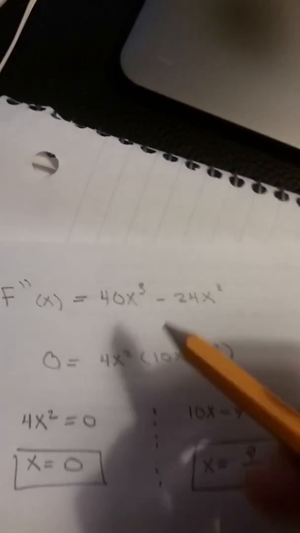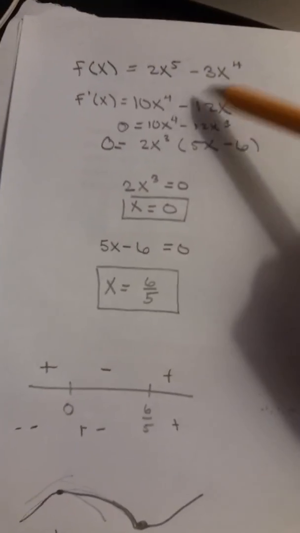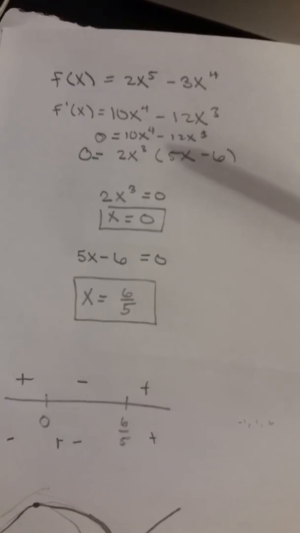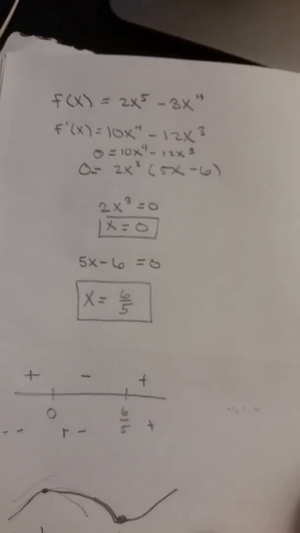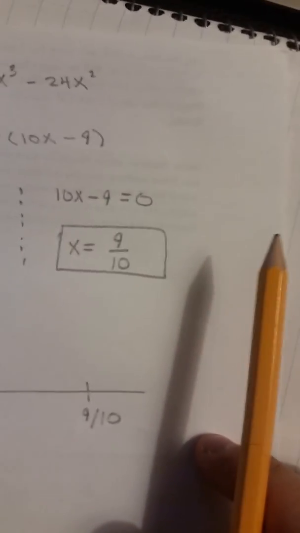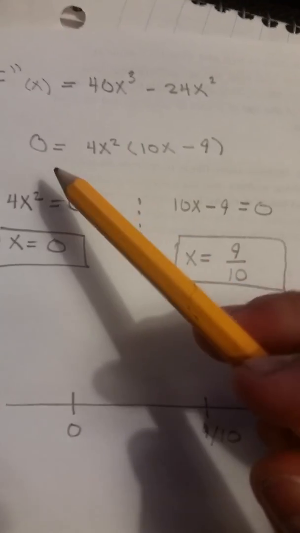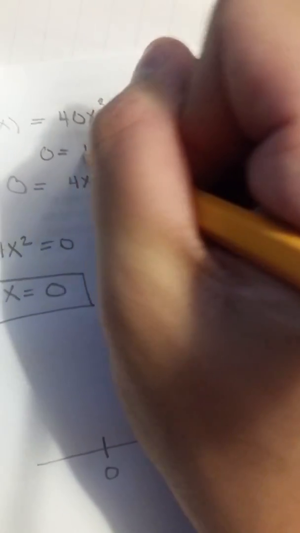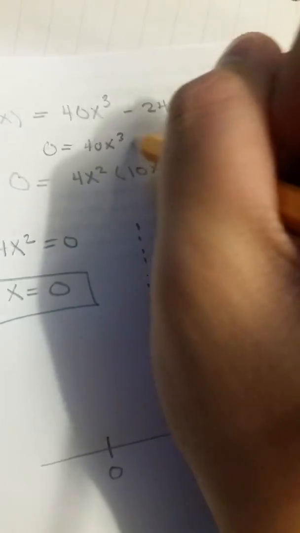Now, let's take the second derivative. The first derivative is 10x to the fourth minus 12x cubed, so the second derivative is 40x cubed minus 36x squared, if I did it right. Actually, it should be 24x squared. Set that to 0: 0 equals 40x cubed minus 24x squared.